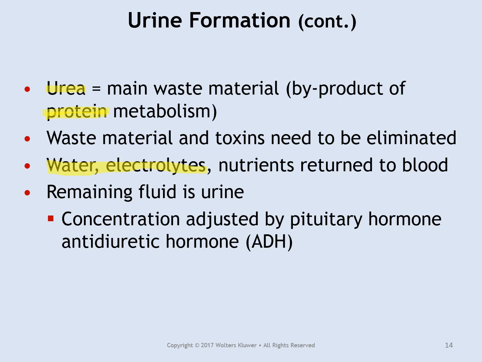And what is left is the urine, and antidiuretic hormone, or ADH, is the main hormone that regulates how concentrated urine is going to be. We can just work this out. We have anti, or against, diuresis.